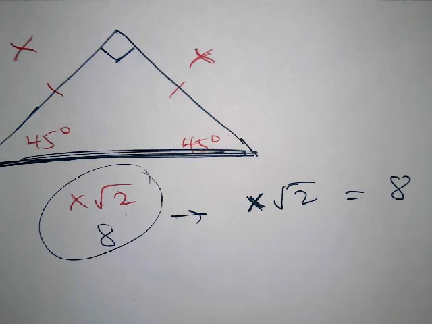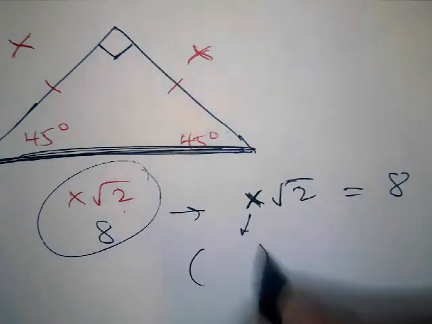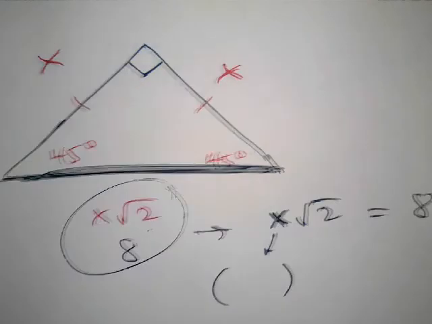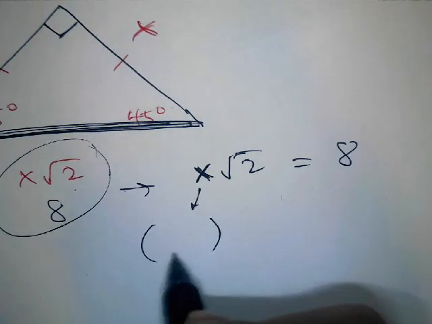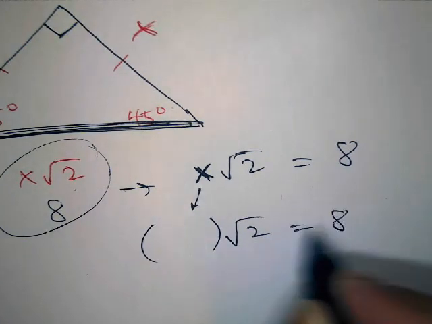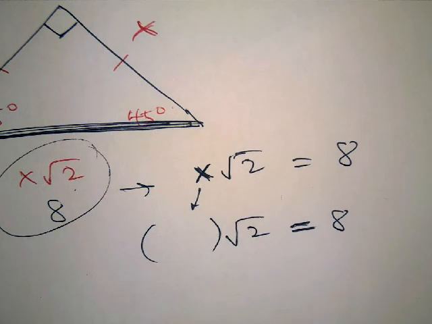But this is the side that's supposed to have x root 2, some value times root 2 has to give me the answer 8. So what is this value of x? Because when I find it here, that's going to be the answer for my legs. Then when I multiply a root 2 to it, it gives me an 8.